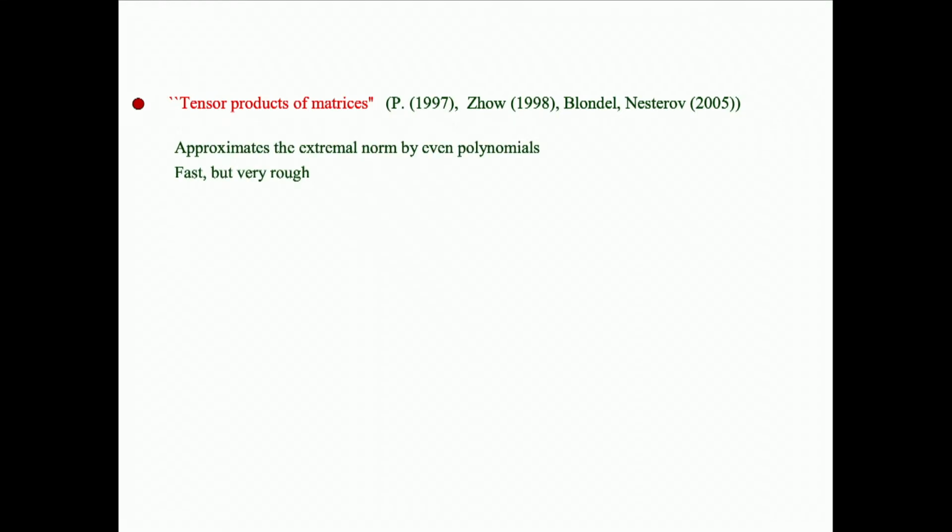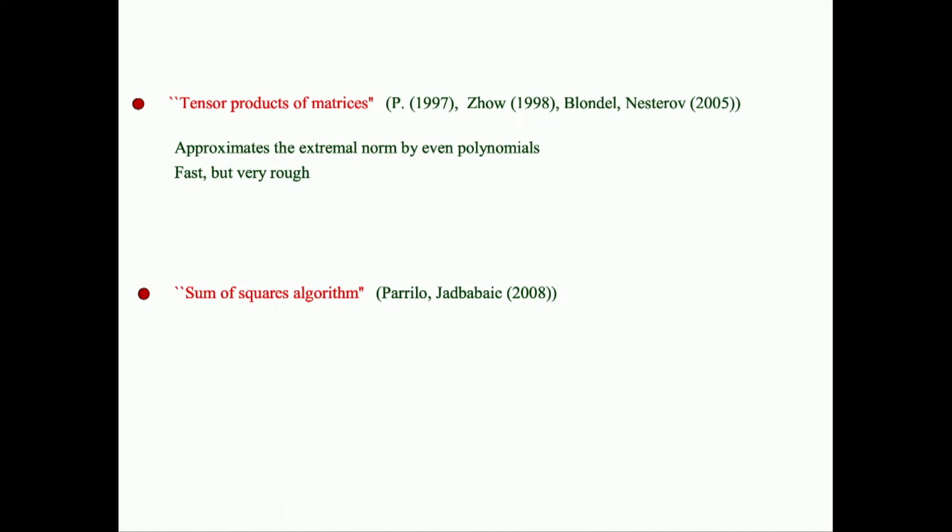Another approach was suggested independently by many people, including myself and Blondel, Nesterov, and Zhou from Hong Kong. This is called the tensor product of matrices. In short, we try to find the optimal norm given by homogeneous non-negative polynomials. Unfortunately, this approach is very inefficient, so all estimates are pretty rough.